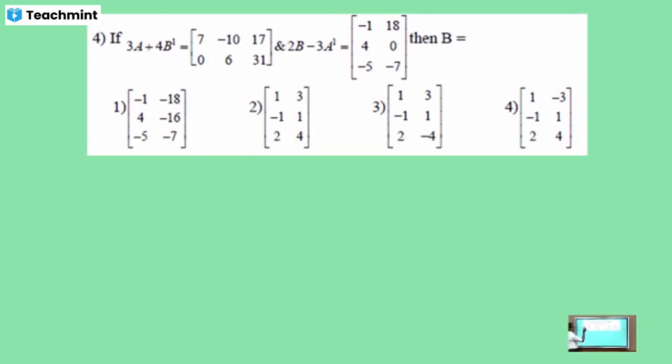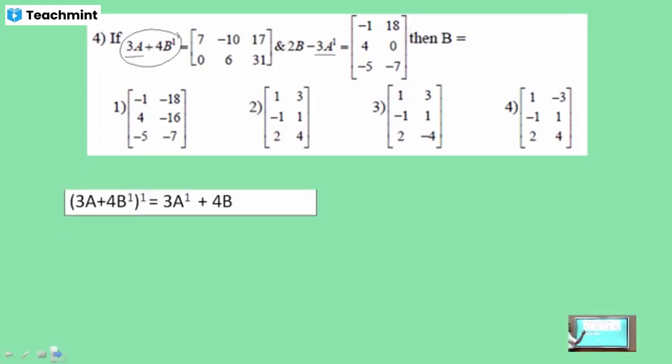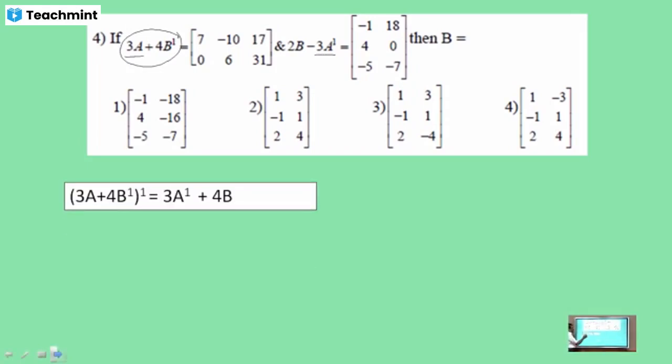As you are observing, here we have 3A, and here we have 3A transpose with opposite sign, so when I add these two after writing the transpose of the first matrix, the A matrix gets eliminated. That is why in the first step I write the transpose of 3A plus 4B dash equal to 3A transpose plus 4B.